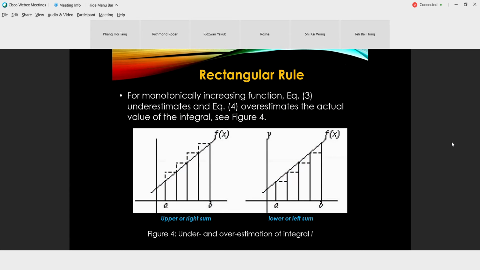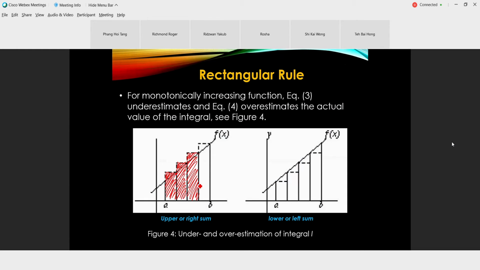When we use the rectangular rule, the shape that we cut for the area under the curve is the shape of a rectangle. So this is what I mean, rectangular shape. If you use rectangular shape, your shape must be cut into rectangular form.